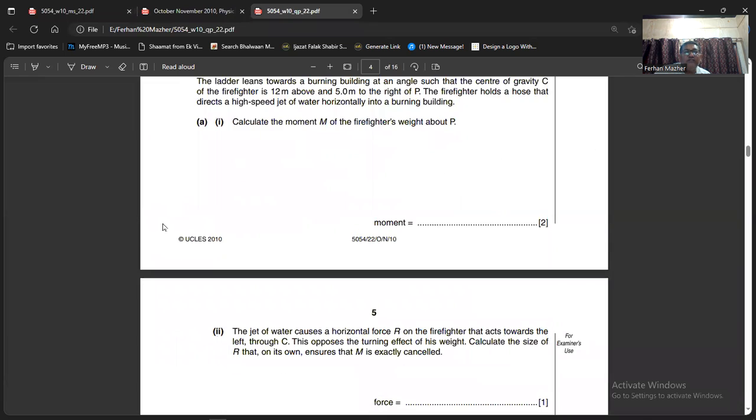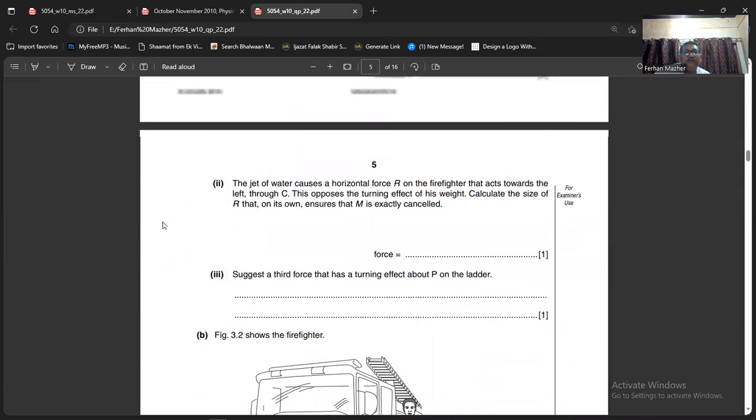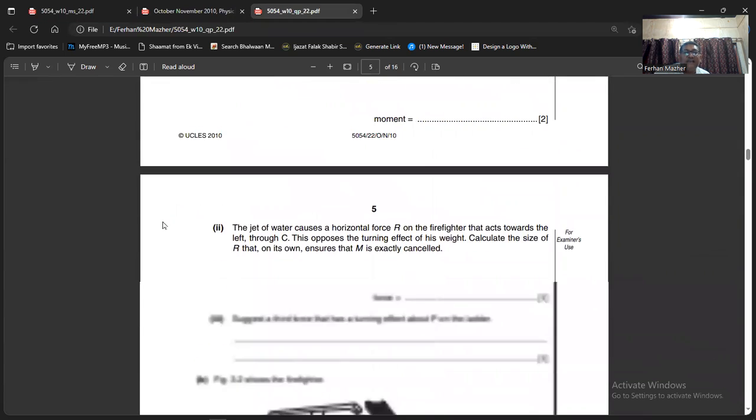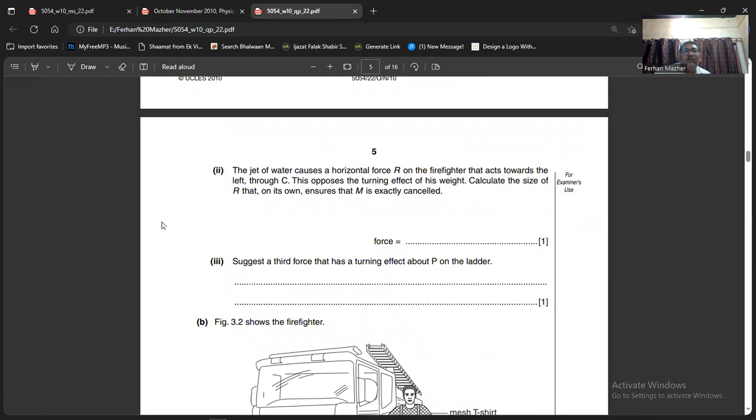Question number 3, second part. The jet of water causes a horizontal force R on the firefighter that acts towards the left through C. This opposes the turning effect of his weight. Calculate the size of R that on its own ensures that M is exactly cancelled.